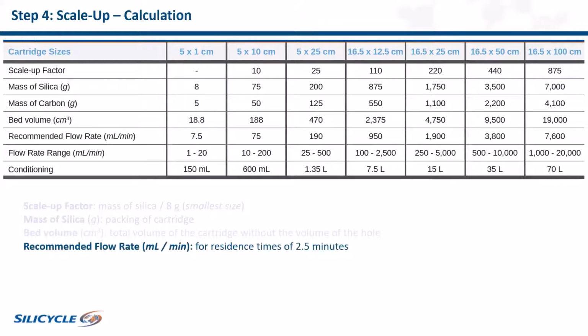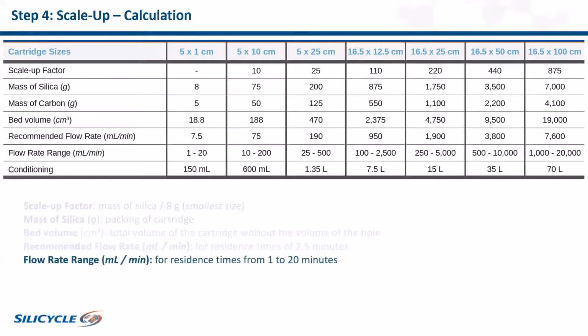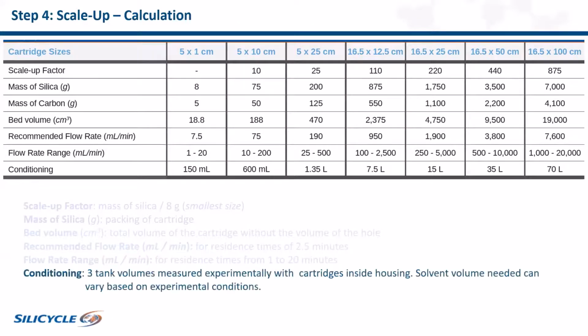The recommended flow rate, which is for a residence time of 2.5 minutes, which experimentally proved to be the best time to get the best scavenging. The flow rate range that you can use each cartridge at for residence times between 1 to 20 minutes. And the conditioning, which corresponds to 3 tank volumes being needed to prepare the cartridge before you're ready for your purification.